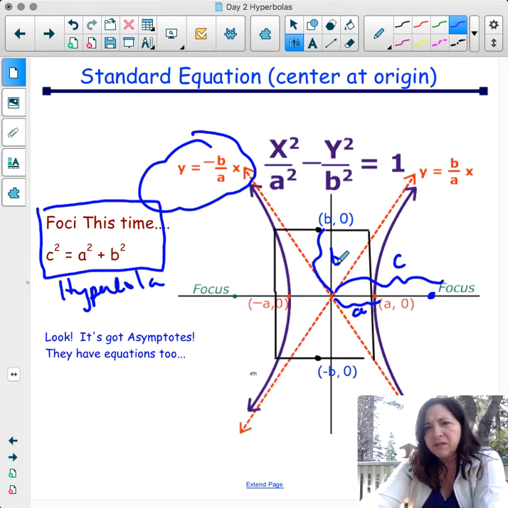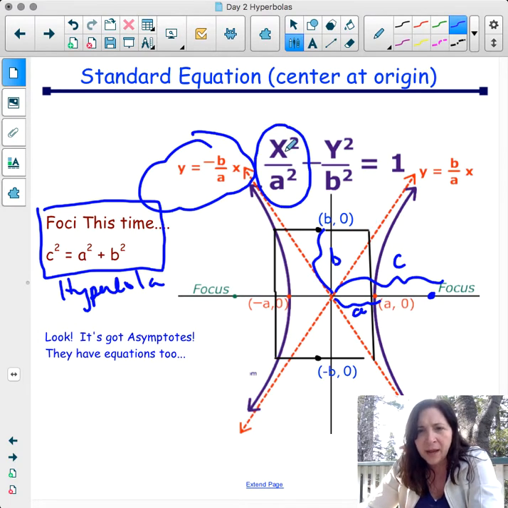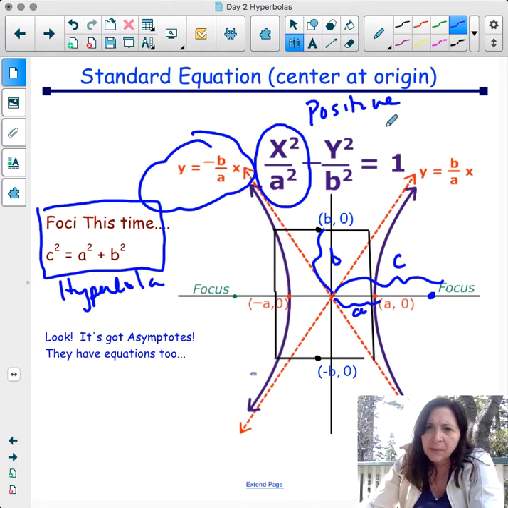Okay, but if you'll notice the positive x squared, see the positive value? That's the axis where my hyperbolas are going to be. The positive squared term is the axis where the hyperbolas are going to be on.